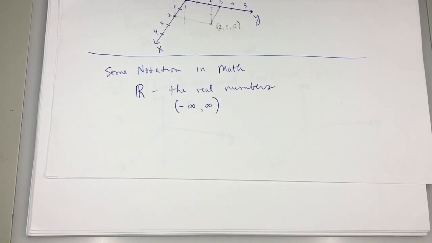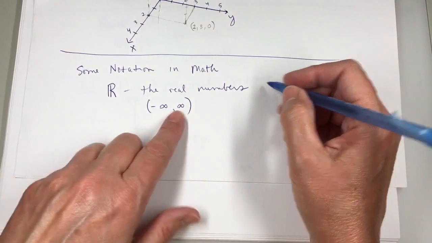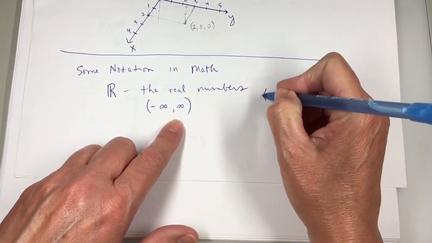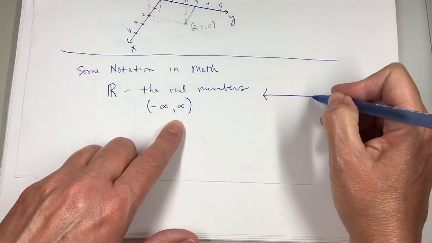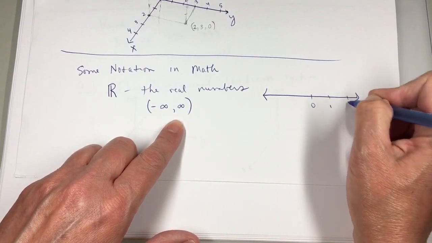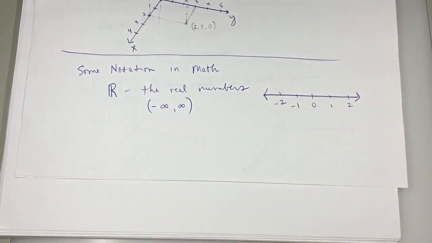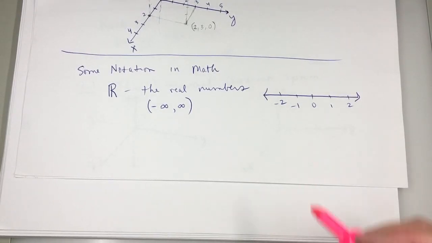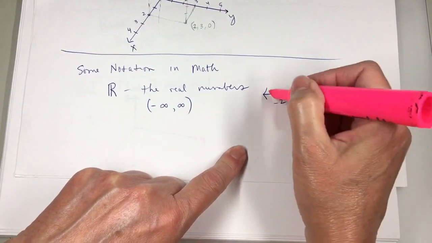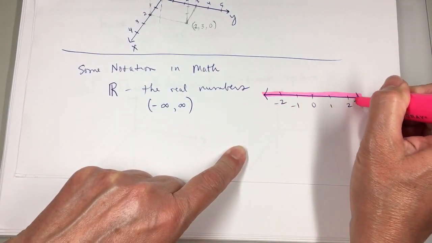This is a single number line. Like if you were sitting in an algebra class and they said graph this, okay, here's my number line. I guess I really wouldn't even have to put any numbers on it because the graph of R would be, well, let me shade in the whole line.